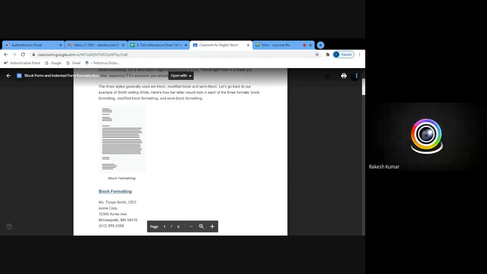For example, if we receive a letter from the university saying colleges can open up the campus for the students, the CC is done to the vice chancellor.